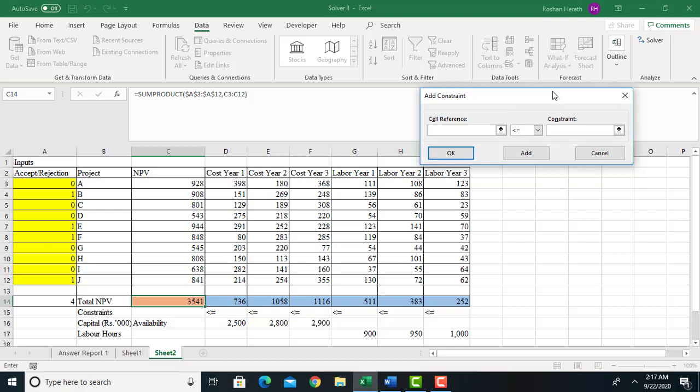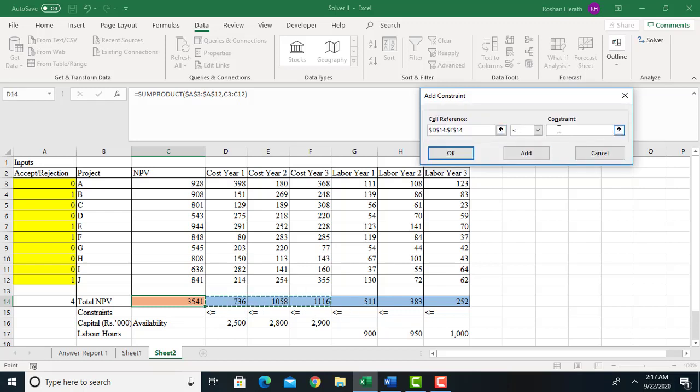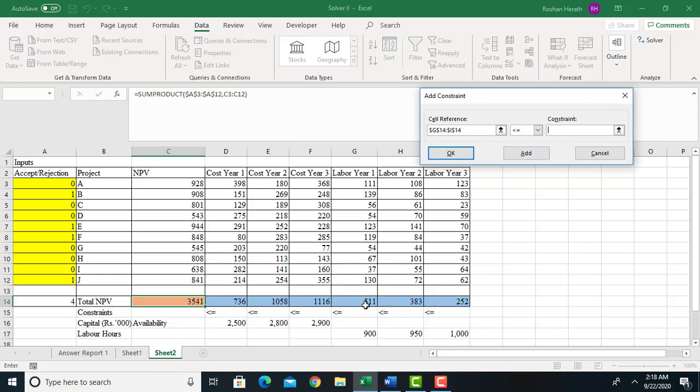Several constraints are there. The first one is about the cost. The usage of this cost should be lower than or equal to the availability. You can add that. Then the labor, similarly, the usage must be lower than or equal to the availability.